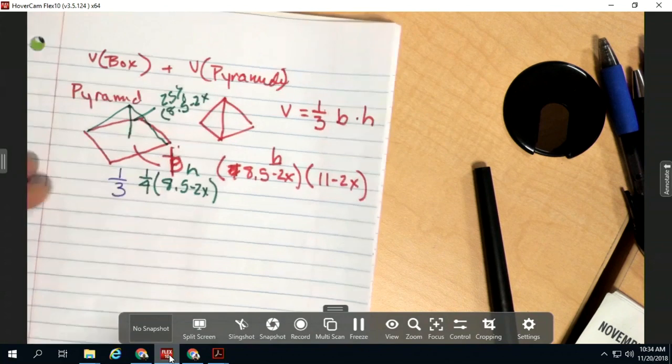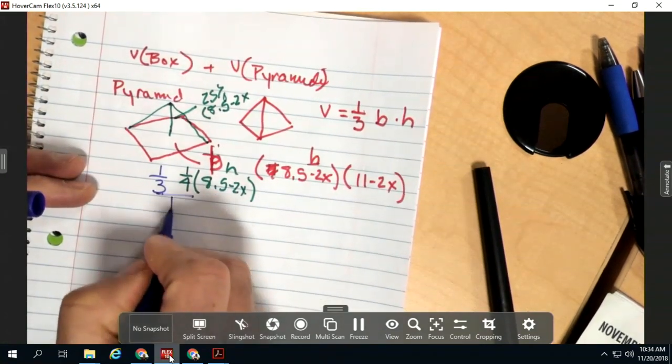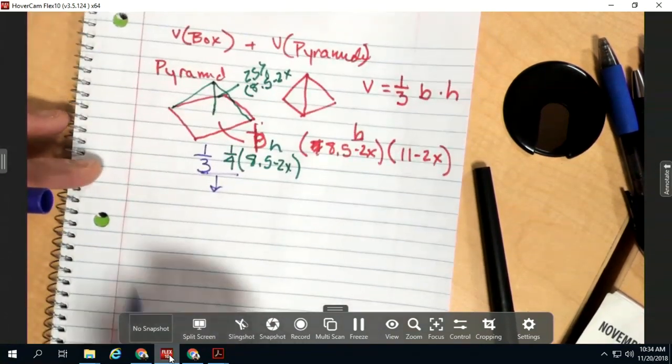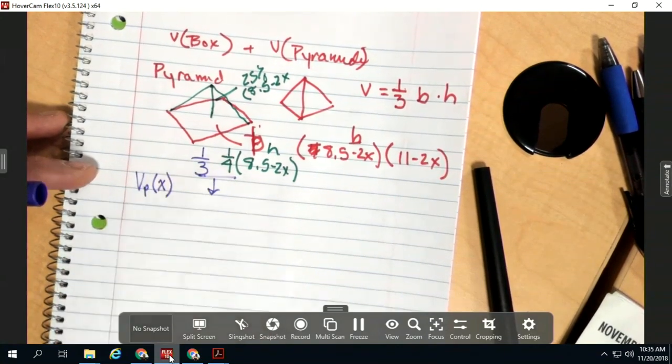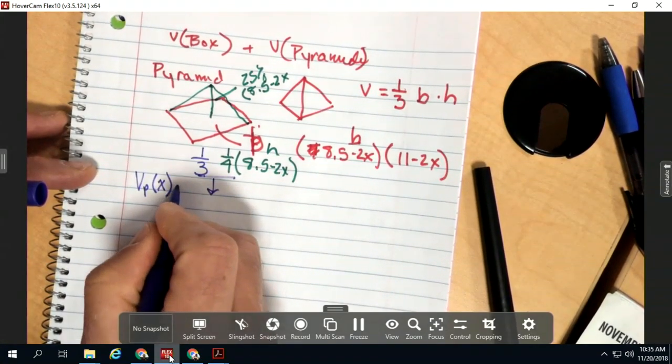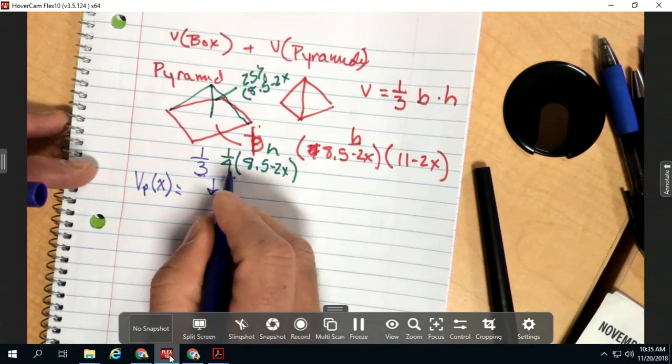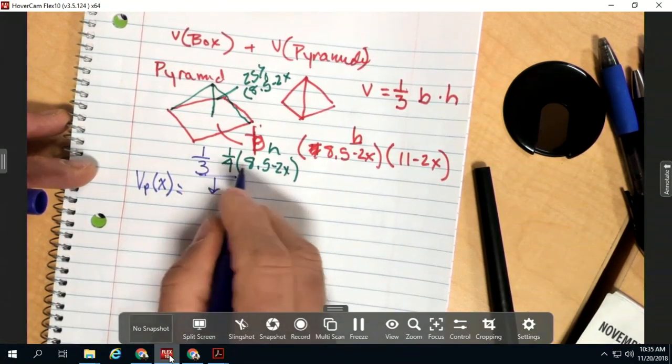Let's do some simplifying here. The volume of a pyramid as a function of x is, what do you get here?